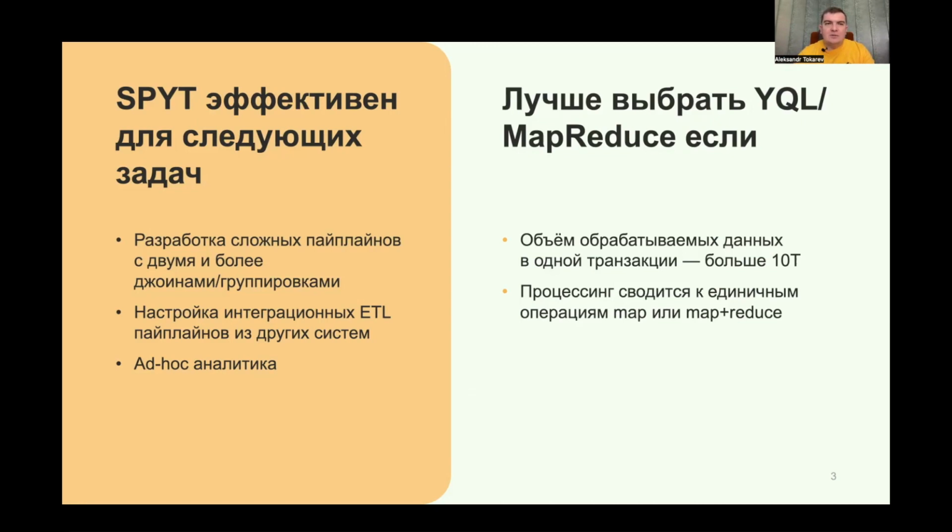Additionally, Spark is very good for ad hoc analytics against large data, since it has such convenient tools as Spark Shell. It can also be easily integrated with Jupyter notebooks, which enables, say, caching certain intermediate results in the RAM and running various queries over them.